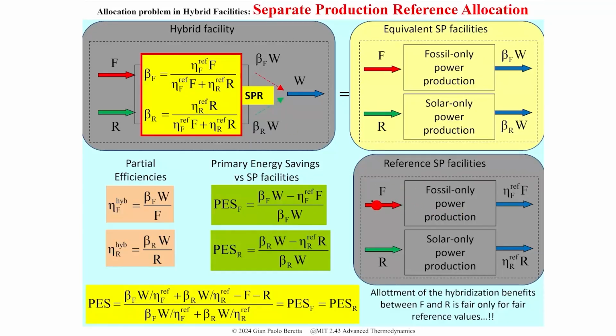So it would be the weighted fraction of how much electricity you would produce with that fuel in a separate production facility, and the other is how much electricity you would produce in a solar facility.